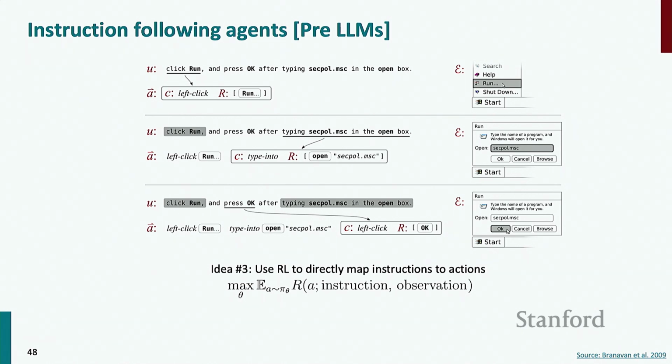Okay, so these are the three main ideas that people had before language models. You would either train semantic parsers, or infer these plans from instruction trajectory pairs, learn to directly model plans and then have an execution model that can execute plans. Or you would do reinforcement learning if you had a reward signal.